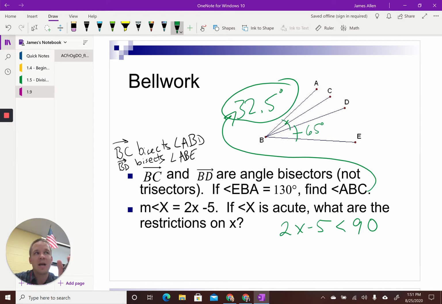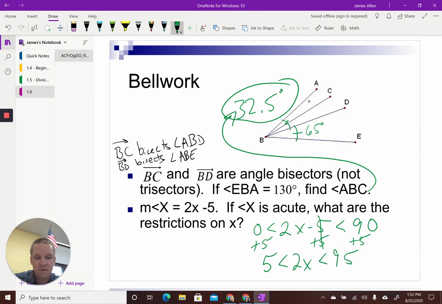Now, if it's less than 90, can it just keep getting smaller? Can it go negative? No. So it does need to be greater than 0. And now we can solve this wonderful compound inequality. I'm going to add 5 to all three parts. That one's gone, and I'm left with 5, 2x, and 95.